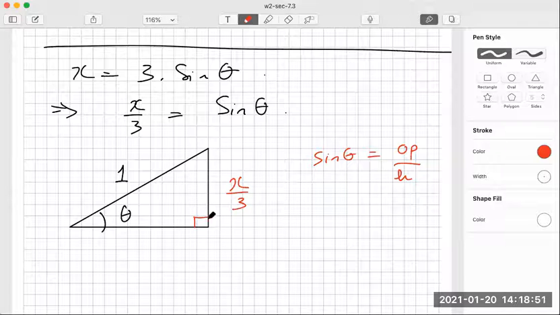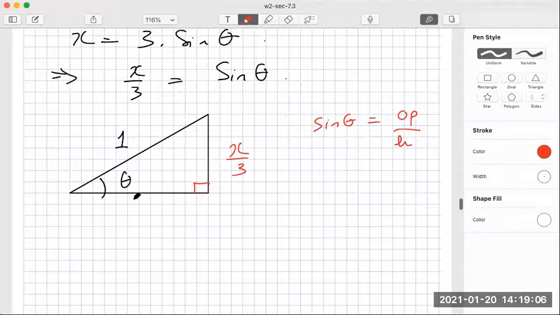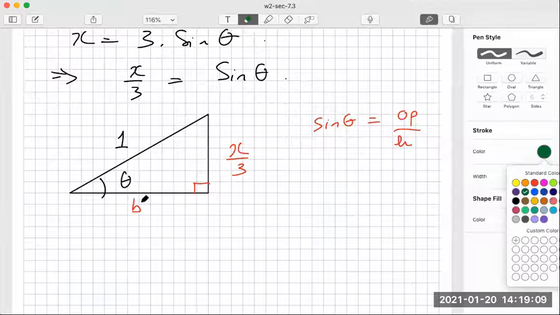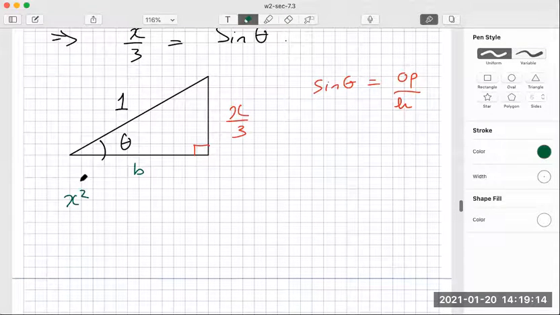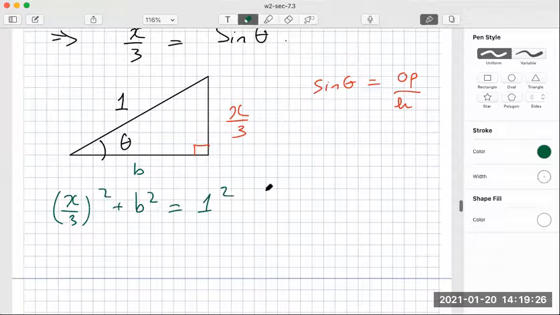Here, this is a right angle, right? The Pythagorean theorem tells us that this square plus this square will be 1 square. Suppose this is B. We know that X over 3 squared plus B square will be 1 square.